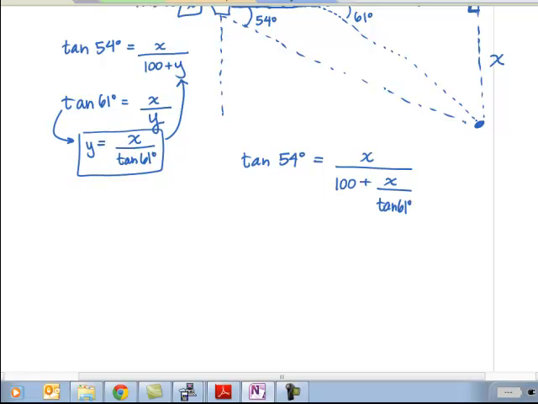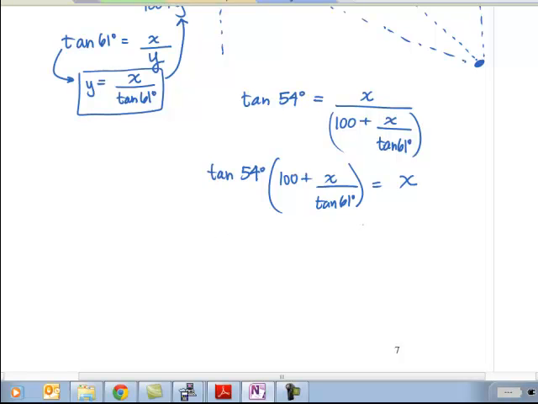It's a mess, but it's something we can solve because it just has one variable. If we multiply on both sides by this denominator, we'd have tangent of 54 degrees times 100 plus x over tangent of 61 equals x. We have x on both sides, so we can't stop there. We still need to keep going.